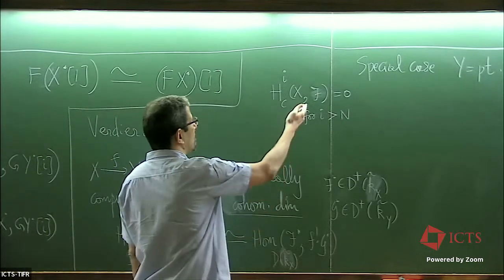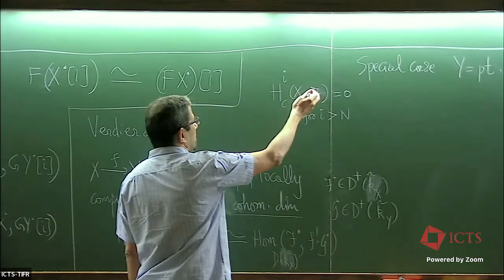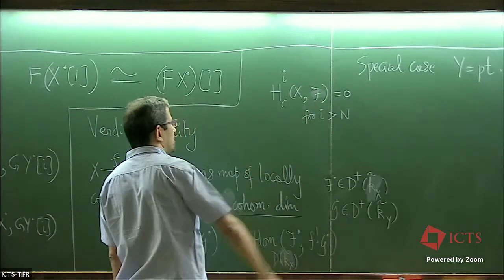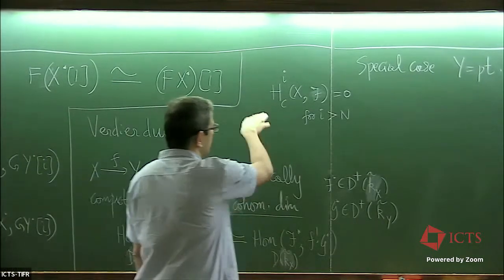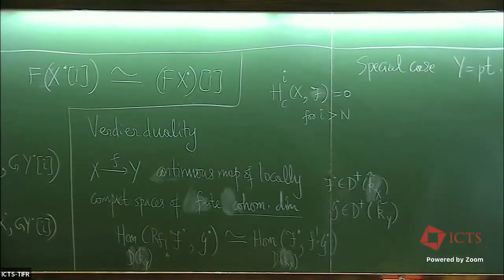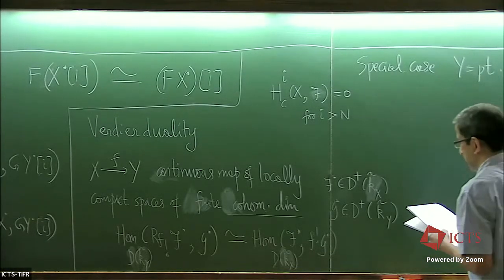And if you recall, this is computed by using a soft resolution, or if you want, you can also use an injective or flask resolution, but in particular, you can use a soft resolution of F. And then just apply the sections with compact support functor and then compute its ith homology. So that was a definition of dimension. So let's give a sketch proof of this.